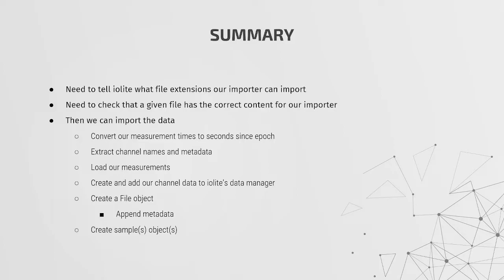In this case, we didn't extract them. We actually just typed them in, but you can extract them as well. We loaded our measurements as a data frame, and then we added our channel data using the add data to input function. We created a file object and a sample object, and that's all the things that you need to do in an importer. So with that said, let's talk about your assignment for week 1.